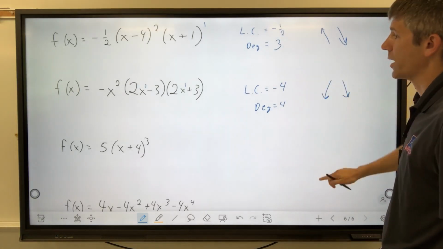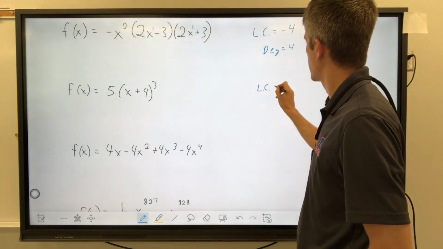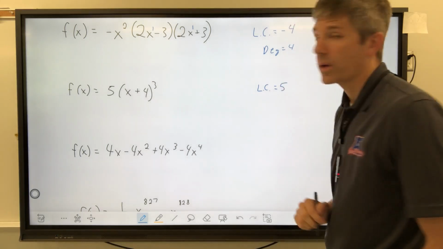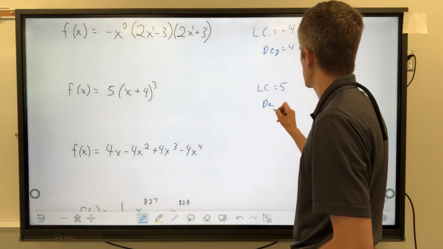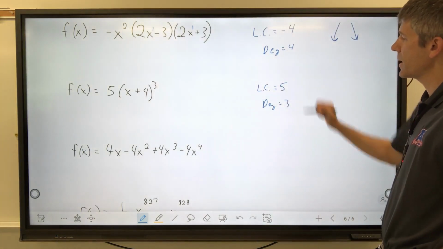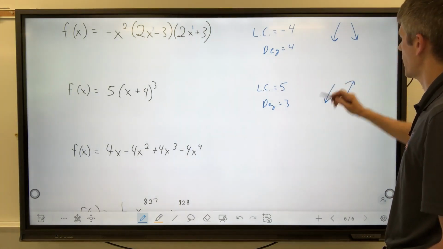Okay, let's move a little bit faster. We have a leading coefficient of 5 times 1 cubed, so 5. We have a positive leading coefficient, and the highest exponent we'll ever get for our degree is 3. So odd degree, positive leading coefficient, down, up.